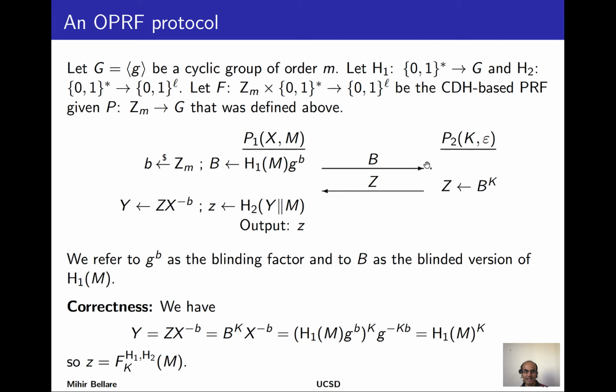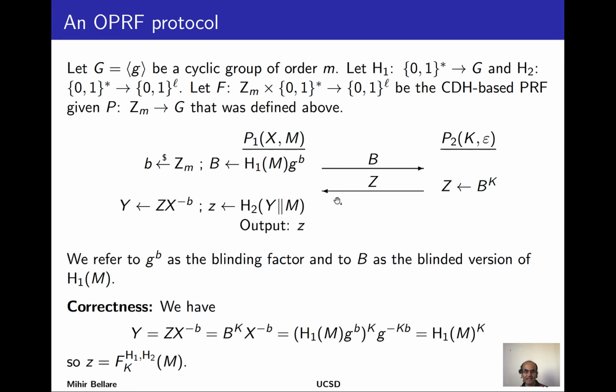Now when party 2 gets this and looks at it, it can determine nothing at all about even the hash of M, let alone about M. Why is that? Because this is just a random group element. Its job, however, is the same as before: to raise this thing to the Kth power, where K is its key. It does that and ships back the result.